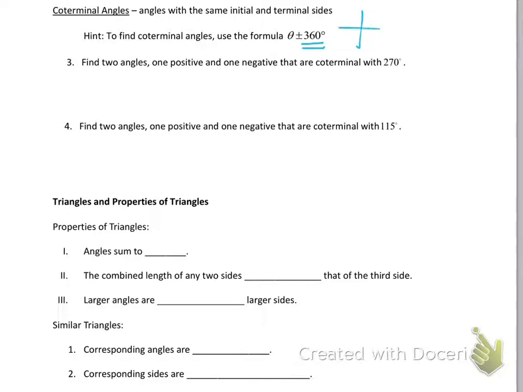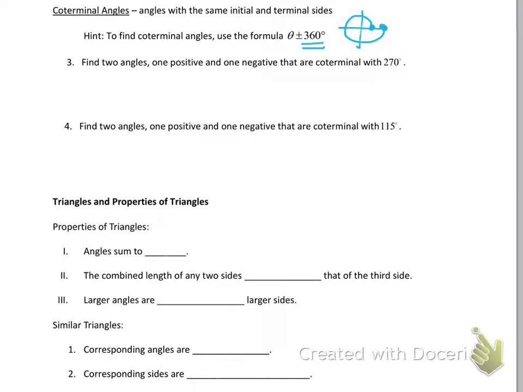So if I wanted to start right here on the x-axis, the only way to end there is if I went all the way around to 360 degrees. And since we just talked about positive and negative as far as the direction goes, that's why we have theta, our starting angle, and we can add 360 or we can subtract 360.